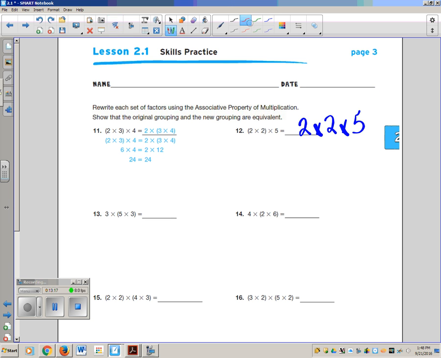So now, surround the 2 by 5. Solve both sides. Left side is 4 times 5, which is 20. The right side is 2 times 10, which is 20. Need to show your work on those.